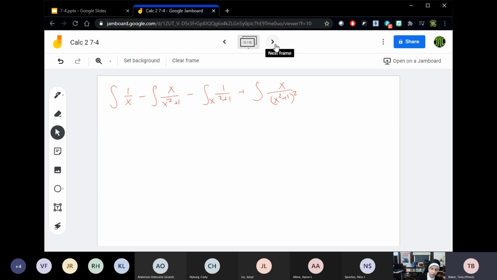So this one is just going to end up being ln of x. This one, when I do out the simple substitution, is also just going to be the ln of x squared plus 1. Oh, sorry, I forgot the half in front.